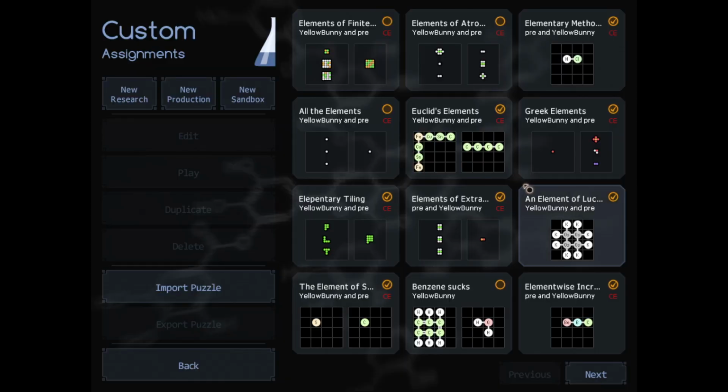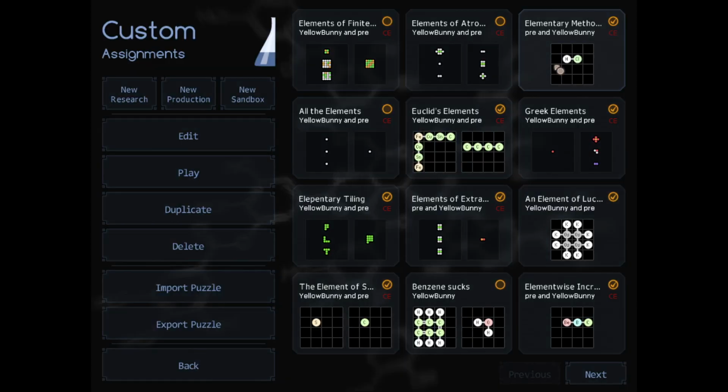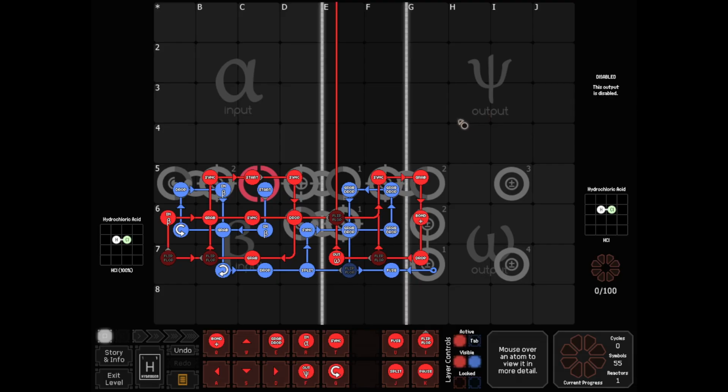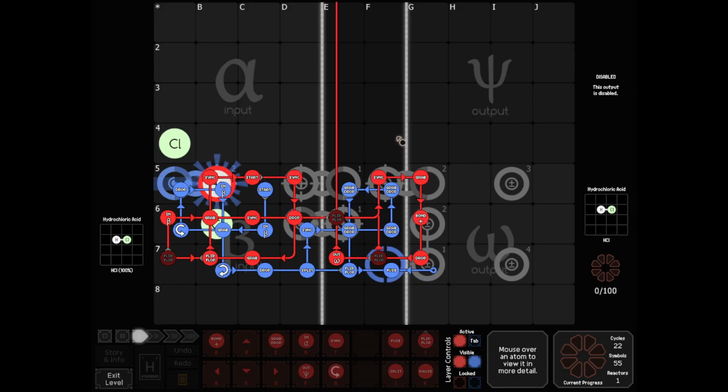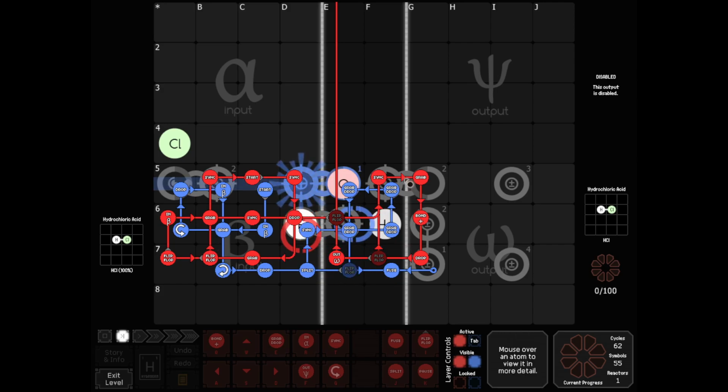What were we doing? This one. Elementary methods in Consumable Crossing. So this is all still initialization, while blue is already kind of going through its loop, and red is doing the initialization.